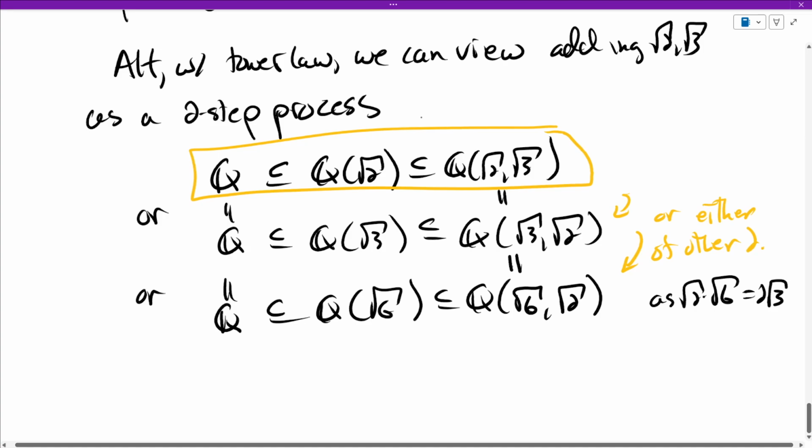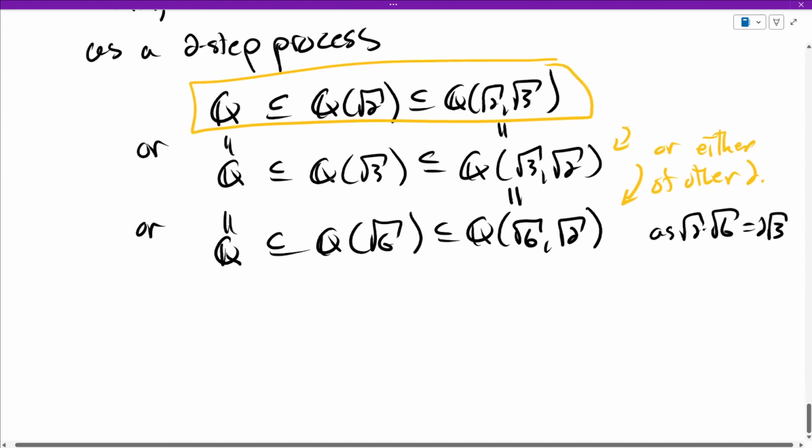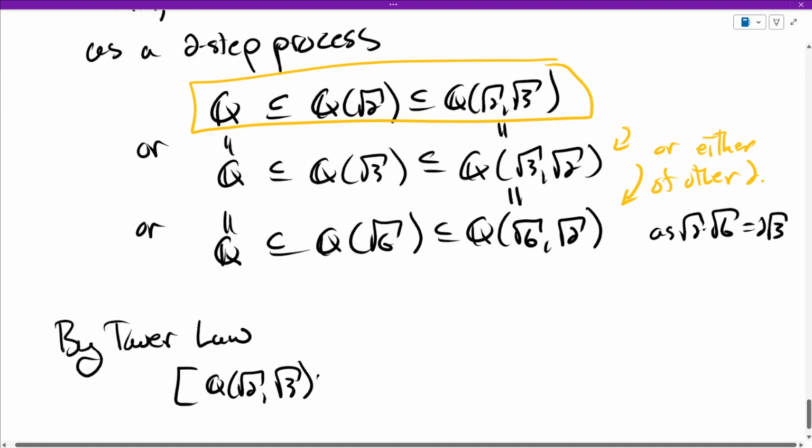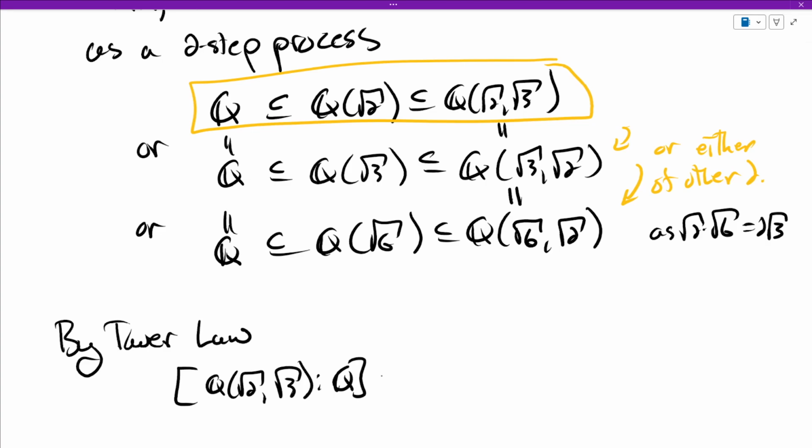Okay, so this first one here in gold is a tower. I first add in root 2, and then I add in root 3 to the new field. So by the tower law, we know that the degree of the large extension is a product of the degrees of the intermediate extensions here.